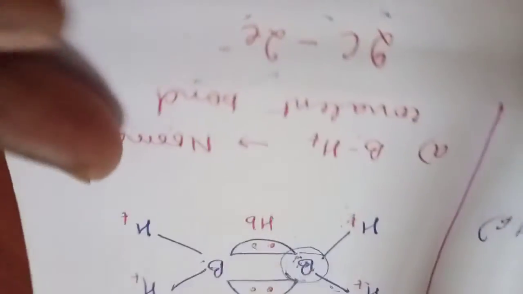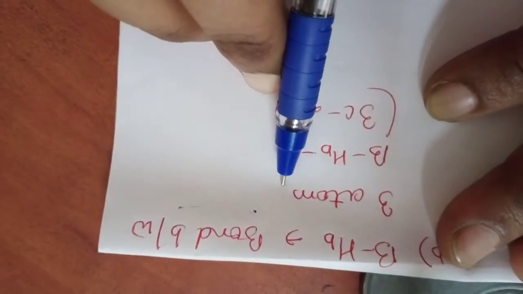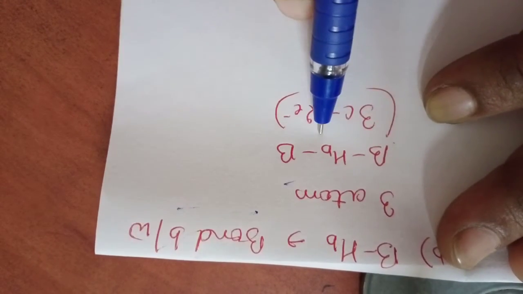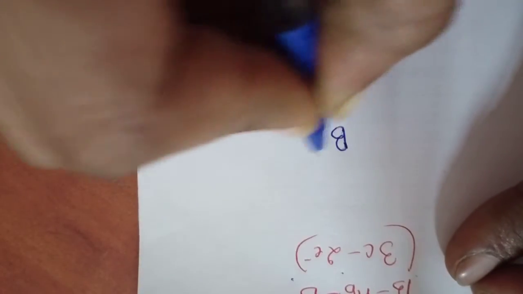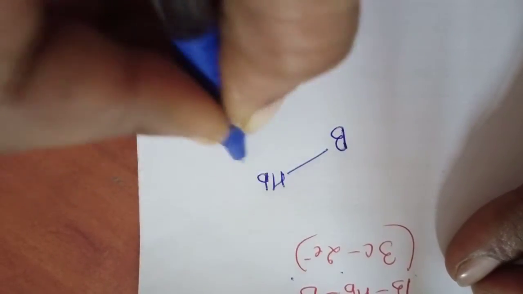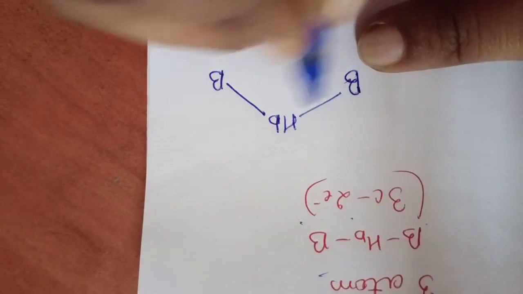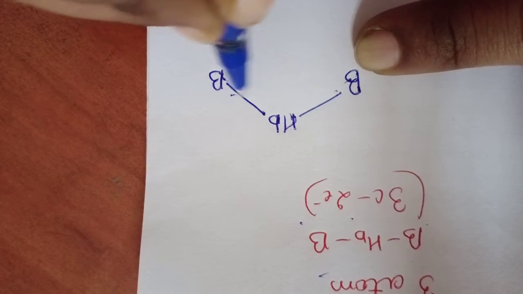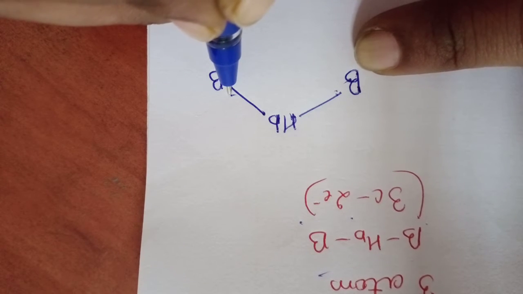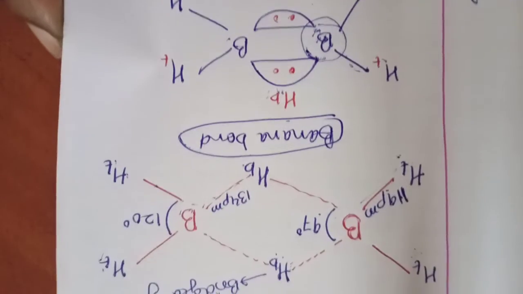This BHB bond is between three atoms, that is B, HB and B. It is like this, children: B, HB and again B. So here there are three centers, but sharing only 2 electrons. So here it forms a banana type of bond. This structure you have to remember.